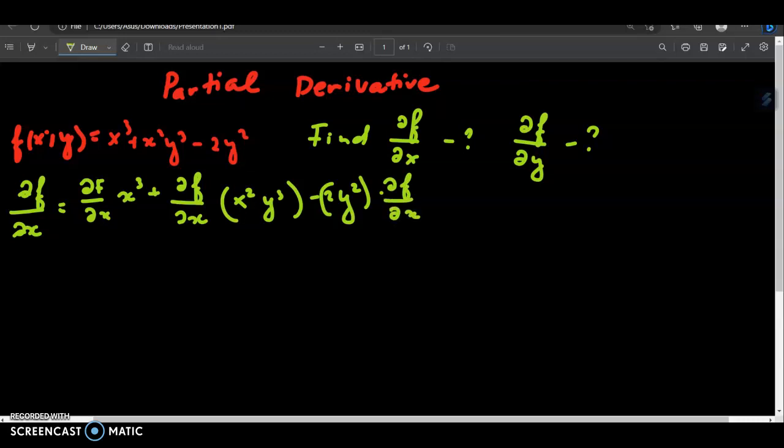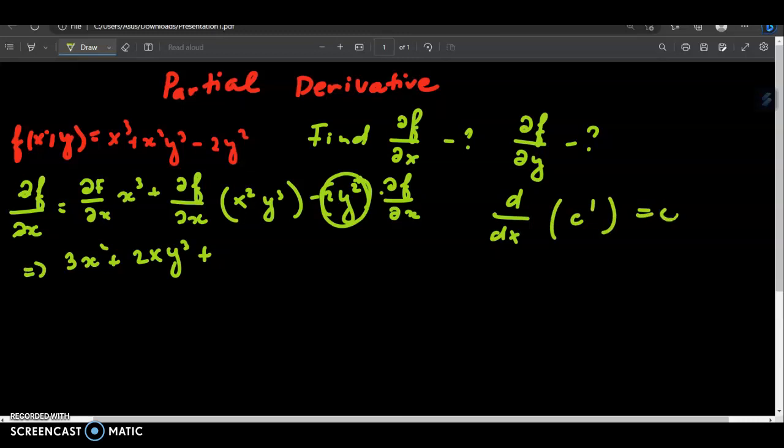All right, so let's find the derivative of x cubed. It's going to be 3x squared, plus this term is going to be 2xy cubed, and plus this term. This is a constant. The derivative of a constant is, if you remember the formula, just equal to 0. So a constant derivative is always equal to 0.